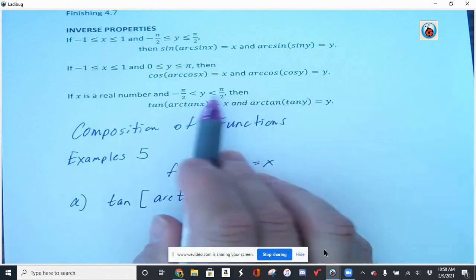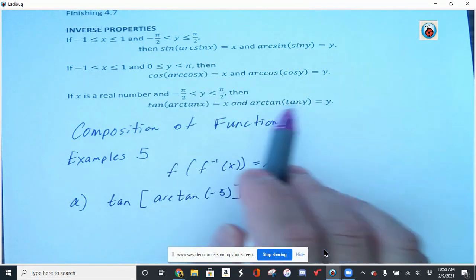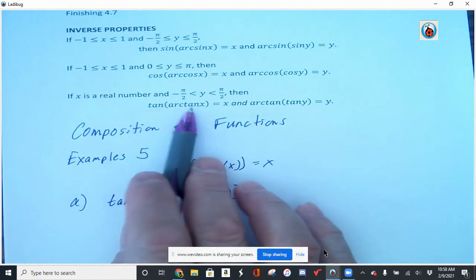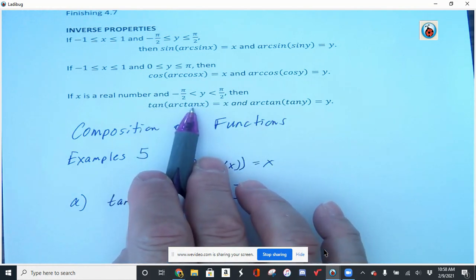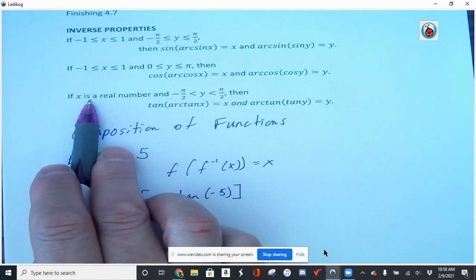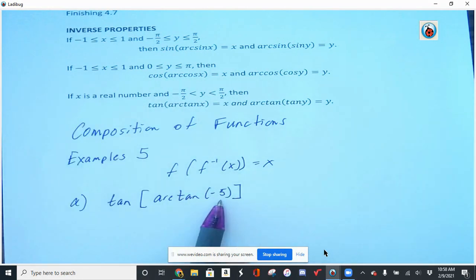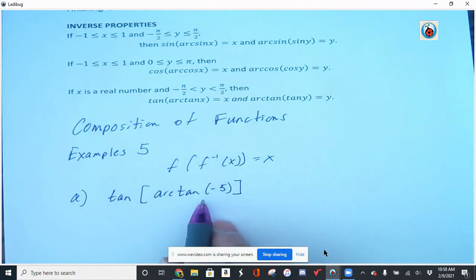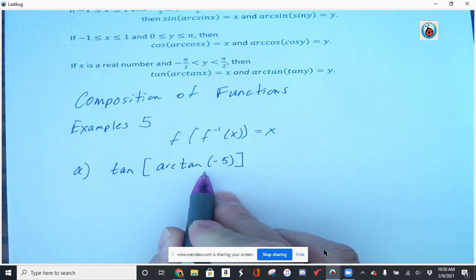We don't have this part right here, because we're not dealing with the arctangent of tangent. We're dealing with tangent of the arctangent, so we're dealing with this one right here. Our x value does fit the rule. What I want to do is go ahead and find the value of the arctangent of -5.